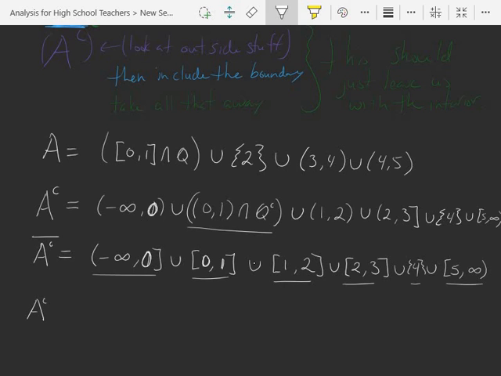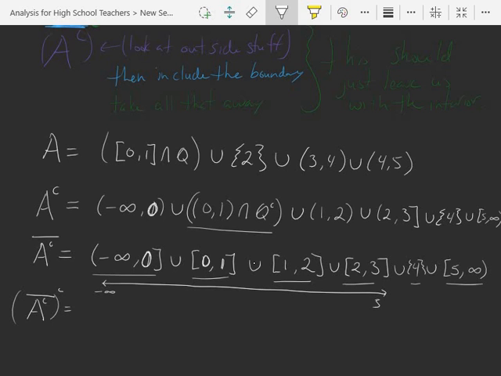Here's a complement, closure, complement, right? So I want the complement of all this stuff. So this actually goes from negative infinity up to 0, up to 1, up to 2, up to 3. Okay, so that goes all the way from negative infinity up to 3.